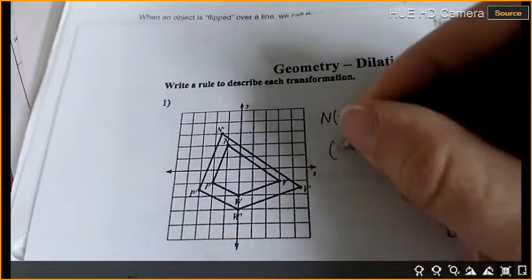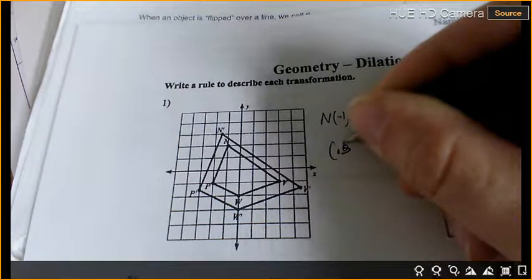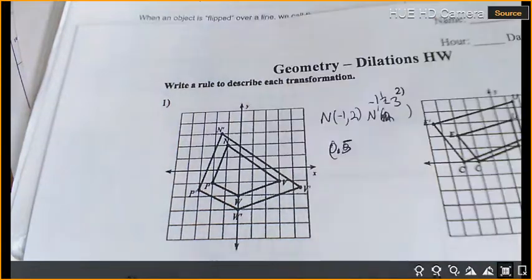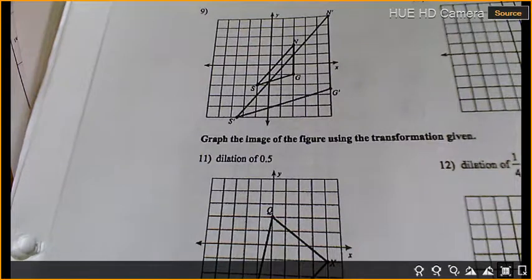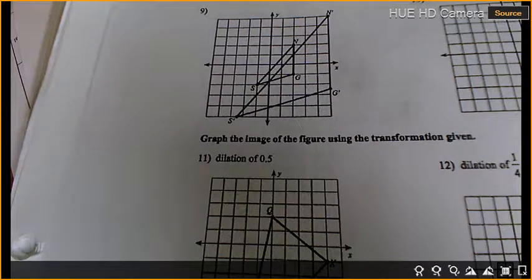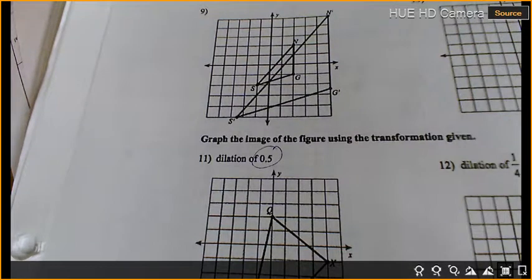It would be times 0.5. Excuse me. Okay. Now if we look here, we're going to dilate all of these by this number. So we're literally timesing both of them by 0.5, or by 1/4 or whatever.